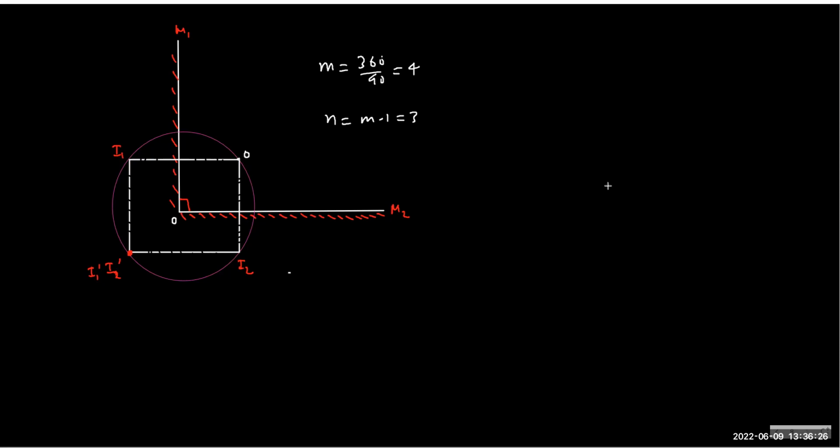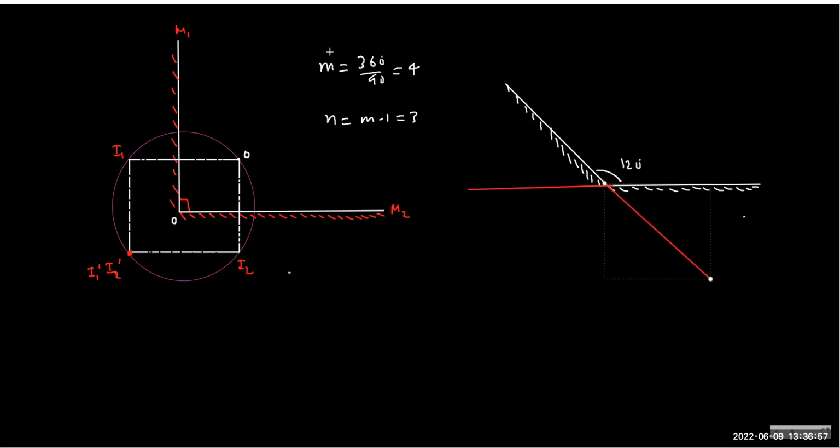If we have two mirrors at 120 degrees, it's a really bad scenario because in this case we will have a very big dead zone, right? So this entire region is a dead zone.